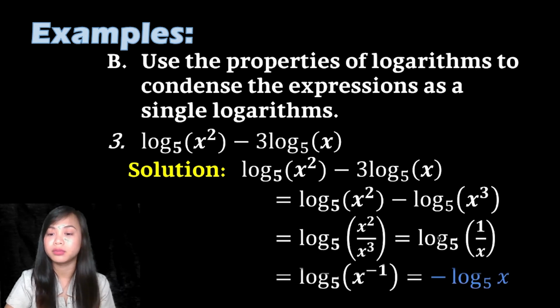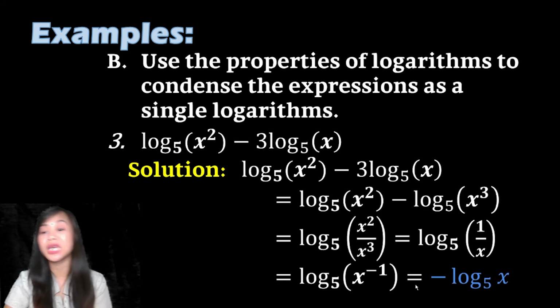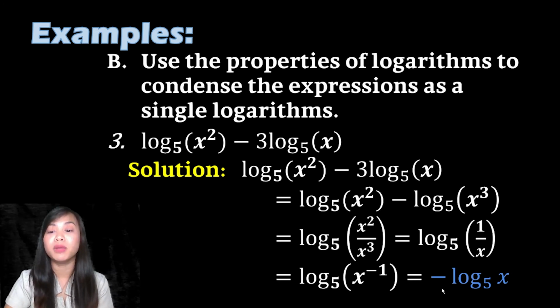So the answer, we have log base 5 of x raised to negative 1. That is equal to negative log base 5 of x. We bring down this negative 1 as a scalar value to be multiplied to our logarithm. So negative log base 5 of x. This is the answer, or single logarithm, of this example.